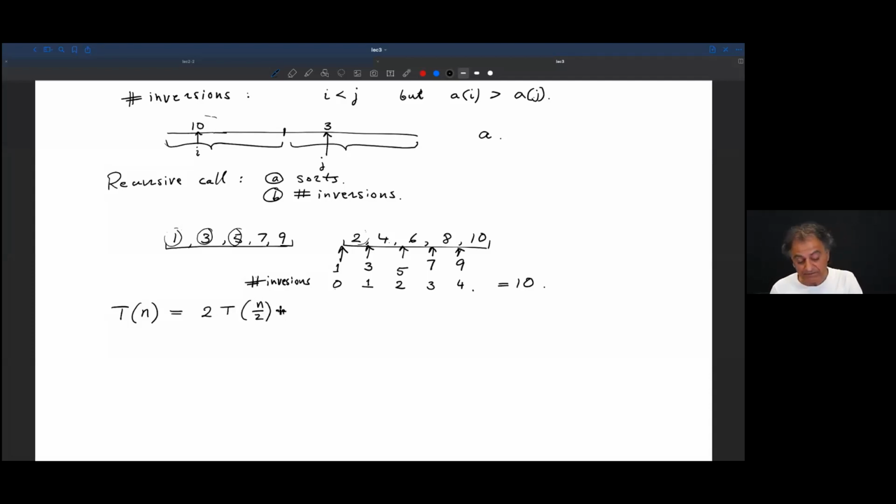And then computing the number of inversions between the 2 sublists only takes linear time, because it's just like merging. And so this would also give T of n equal to order n log n.